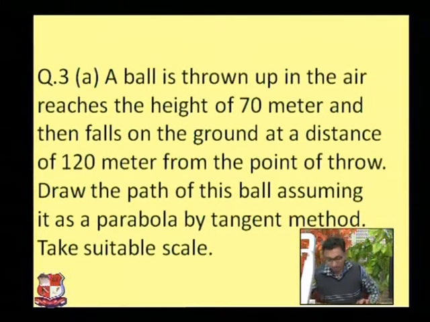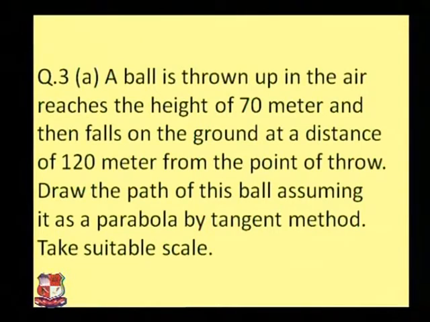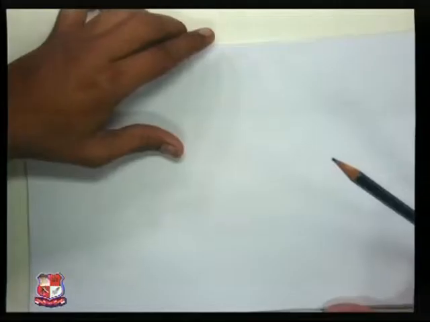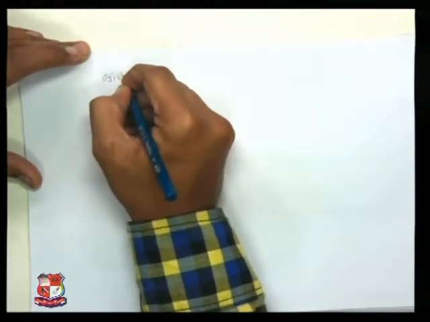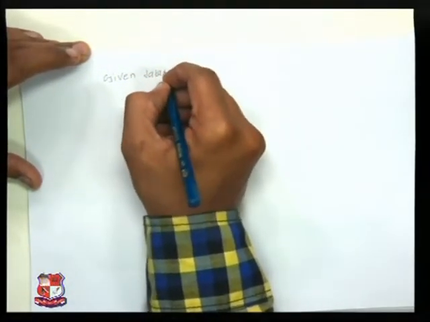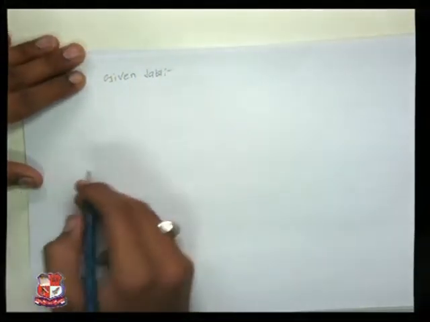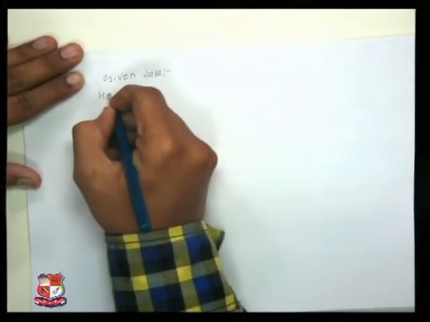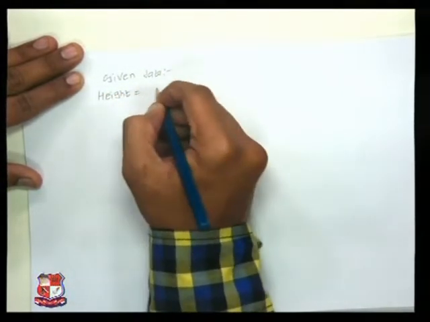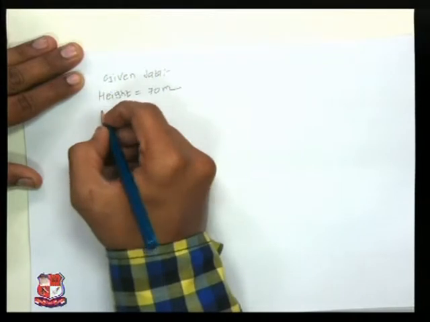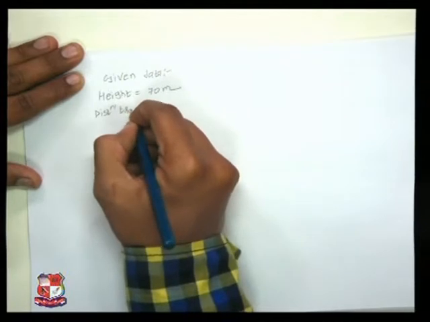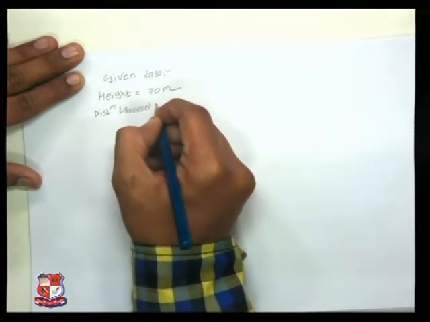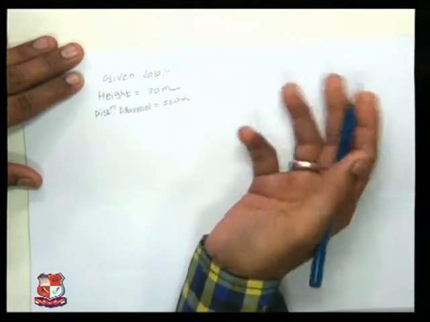First of all, we will write down the given data. Given data: height is given as 70 meters and distance travelled is given as 120 meters.